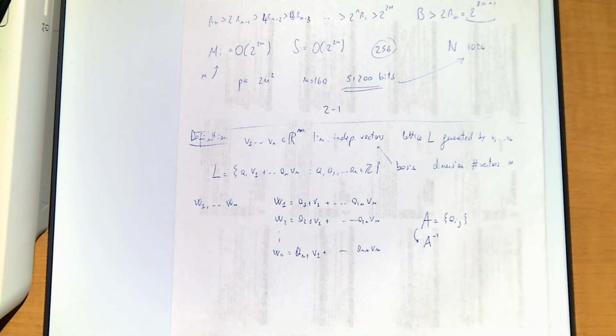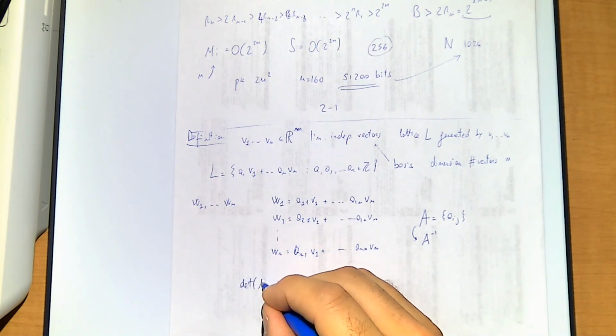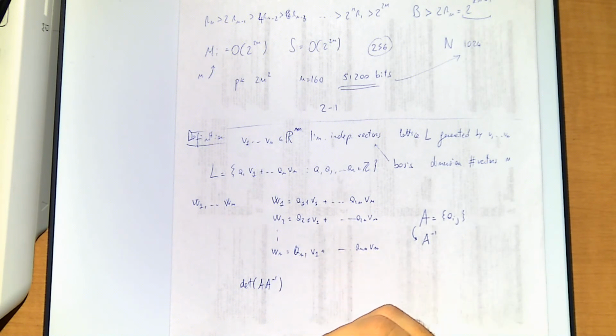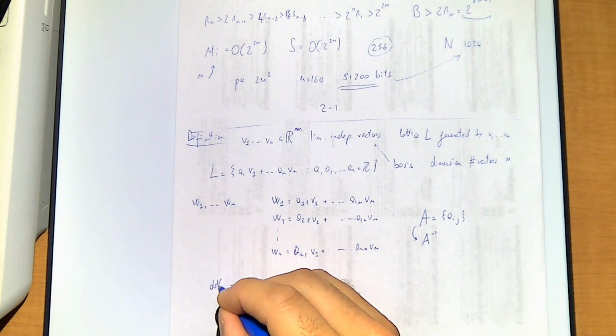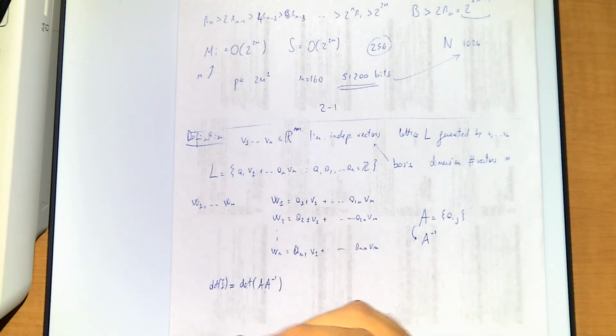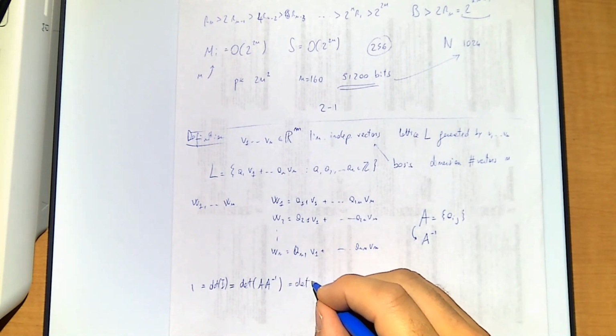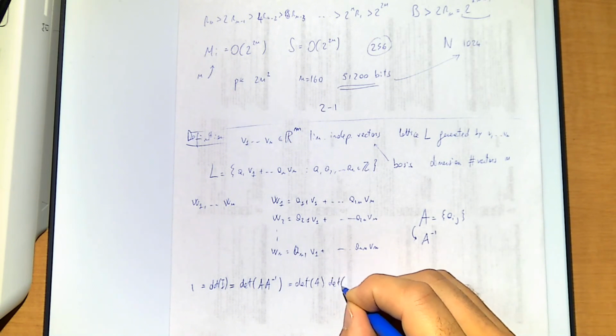What does it mean that it's invertible? The determinant is not zero. And in fact, we have the determinant of A times A inverse, right? On one hand, this is pure matrix theory: A A inverse is the identity matrix, which has determinant 1. But on the other hand, this is equal to the determinant of A times the determinant of A inverse.